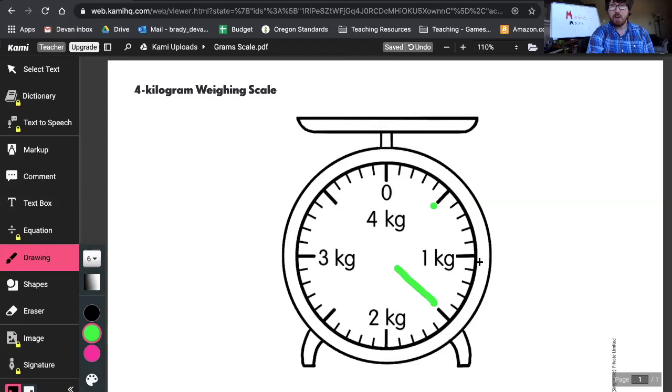And then we can start again. 100, 200, 300, 400, 500. So we have 1 kilogram and 500 grams, which if you remember our fractions, that would be another half kilogram.